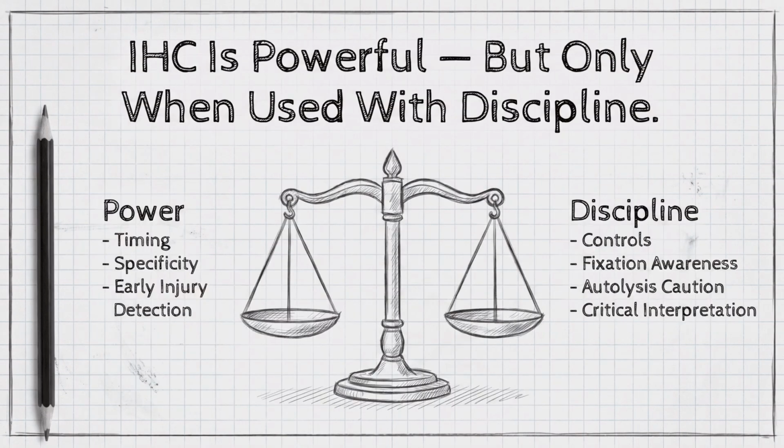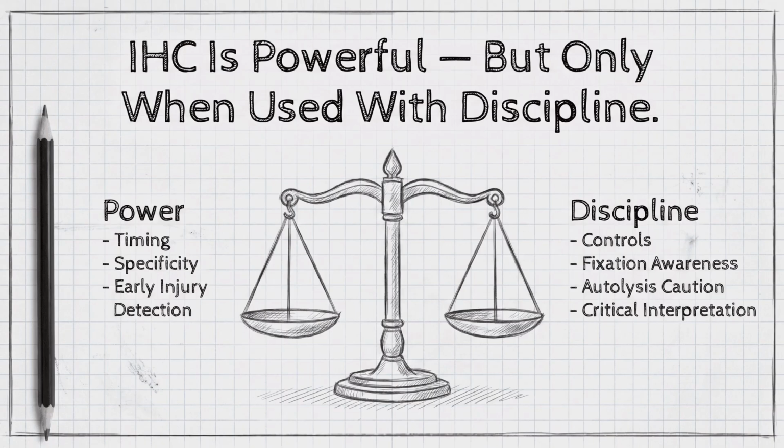So, we've covered some significant challenges: postmortem interval, fixation artifacts, and the ever-present risk of nonspecific staining. But despite these hurdles, IHC remains an incredibly powerful tool in forensic histopathology. It allows us to detect subtle changes, confirm diagnoses, and provide crucial timing information.